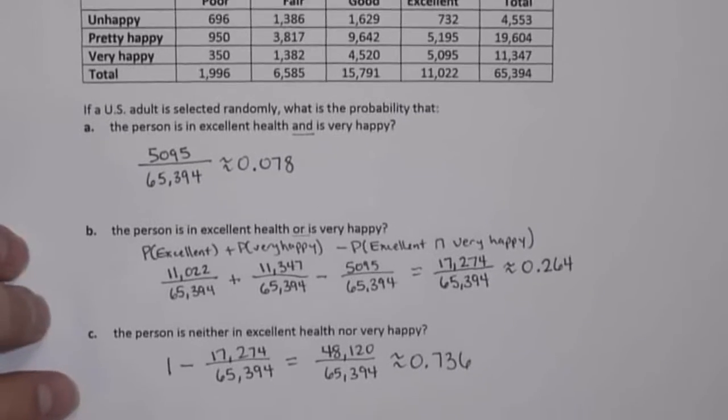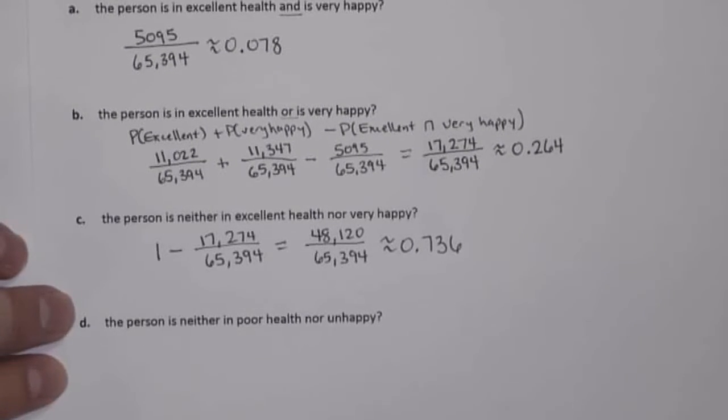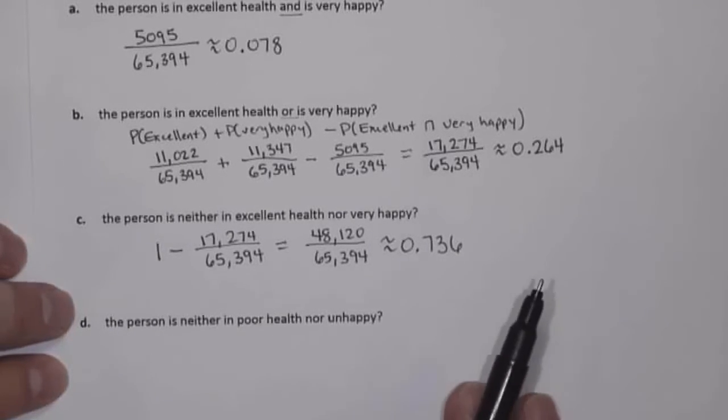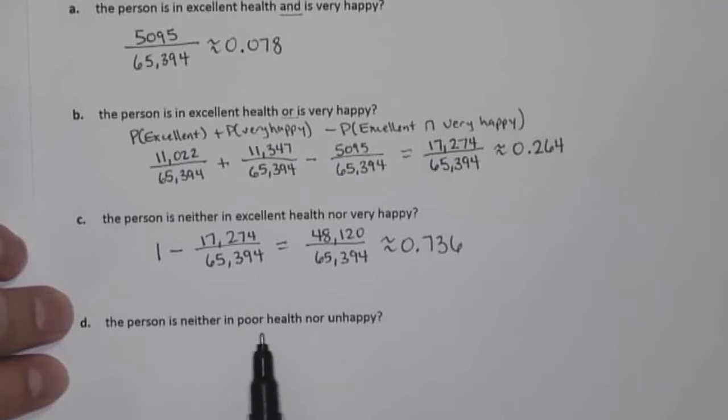Now last but not least, let's look at D. If we randomly select a U.S. adult, what is the probability the person is neither in poor health nor unhappy? Neither in poor health nor unhappy. Well, recognizing that this statement is the complement of being in poor health or unhappy is the key to figuring out this probability as simply as possible.